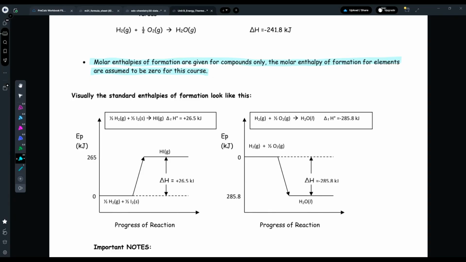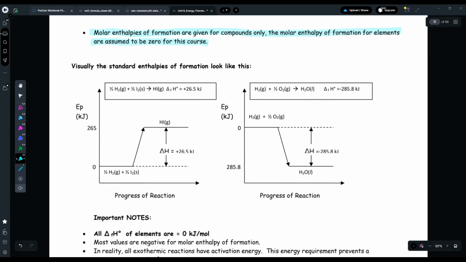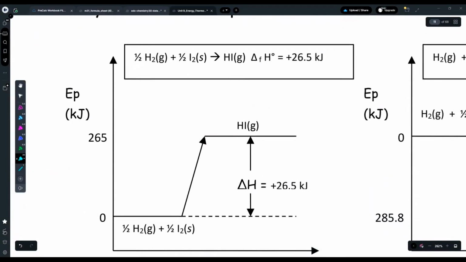Okay. Now, visually, what the standard enthalpies of formation would look like would be these two diagrams. So over here on the left, we have the formation of hydrogen iodide gas, which has a positive molar enthalpy.